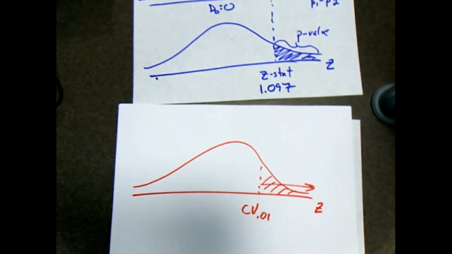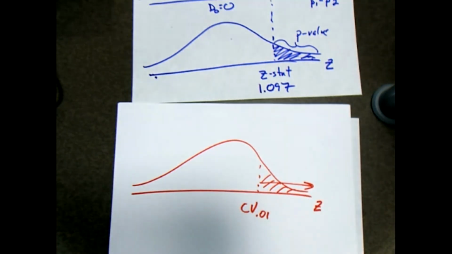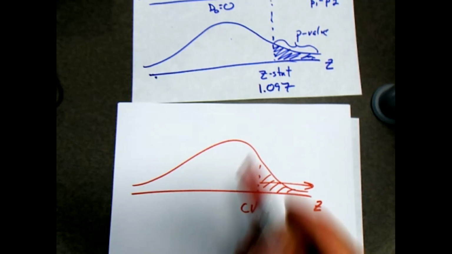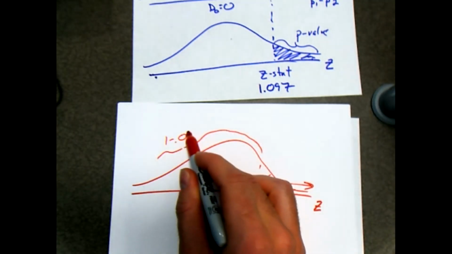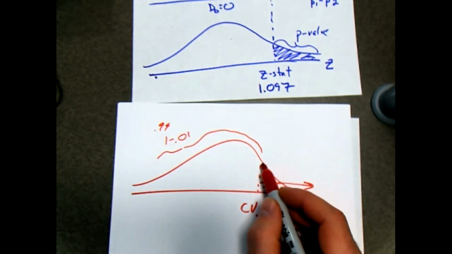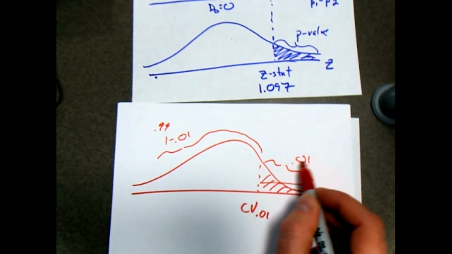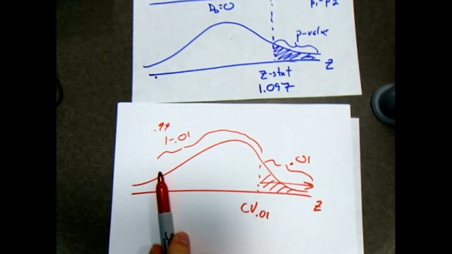Once I find that, for a right-tail test, the area to the right would be my rejection region. So if I want 0.01 in that right tail, when I go to the table, I always have to look up the areas to the left, right? So I actually would need to look up 1 minus 0.01, or 0.99. Or I can just look up the area of 0.01, but remember, that's going to give me the same value that I need, but it's going to be negative, right?